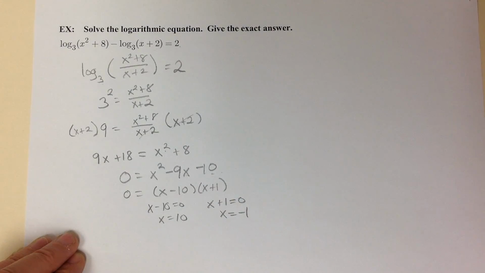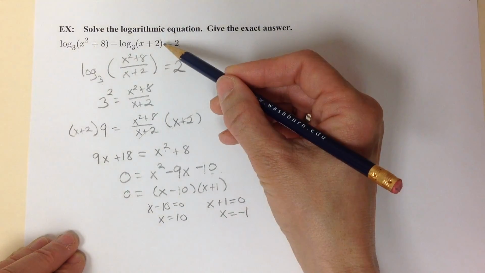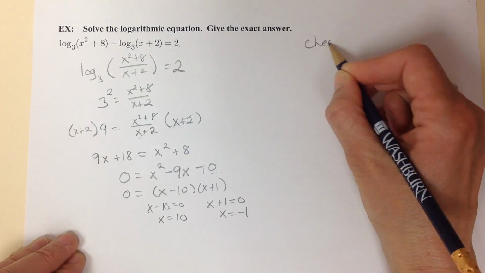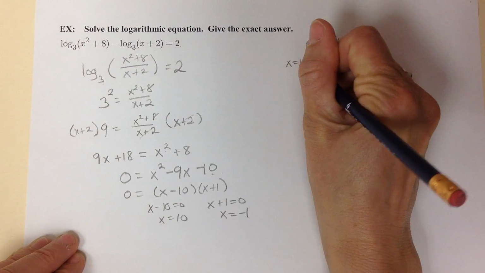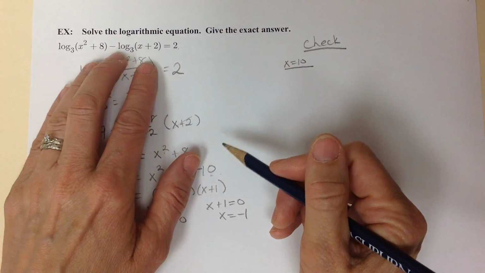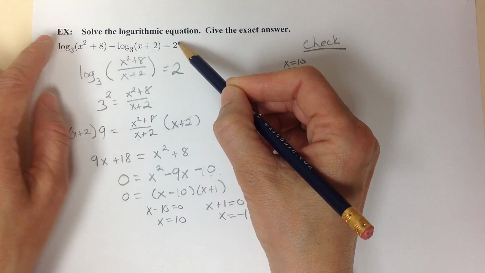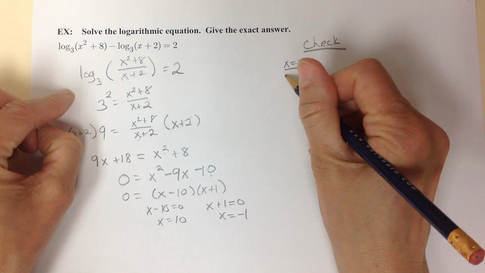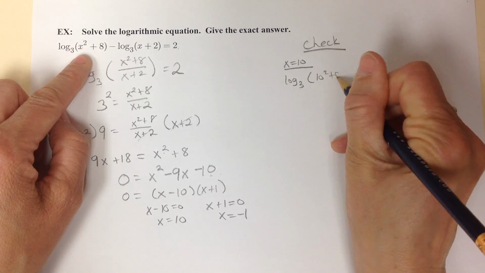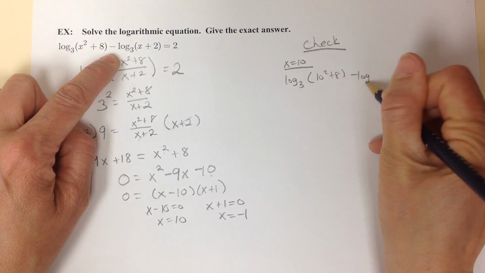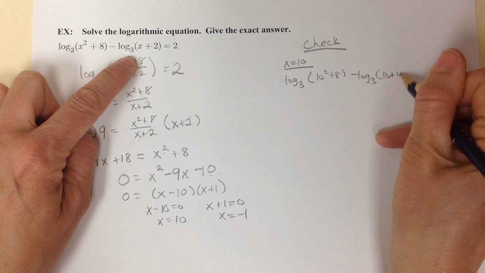at least initially. With log equations, we always have to check our answer. So I'll start with checking x equals 10. You want to check in the form of the equation that you had before using log properties. So this would be the log base 3 of 10 squared plus 8 minus the log base 3 of 10 plus 2.